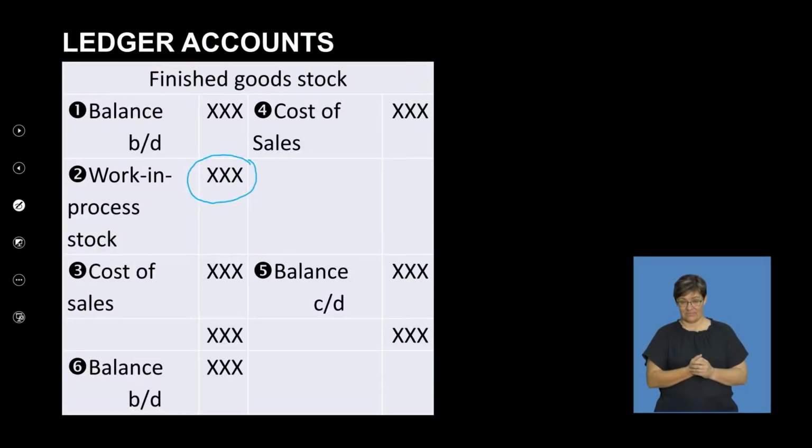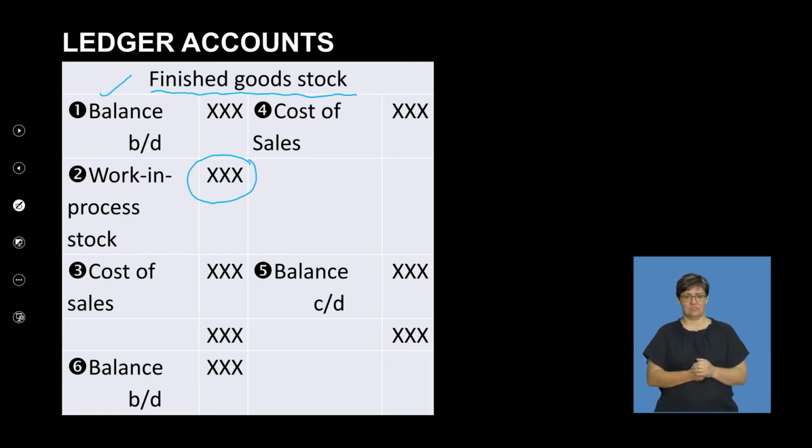Now, in my finished goods stock account, once again, remember, this is a stock account, it's an asset account, and therefore the balance on the debit side was at the beginning of the year, which we've spoken about already.